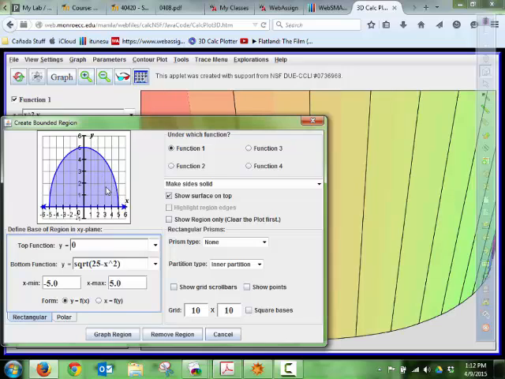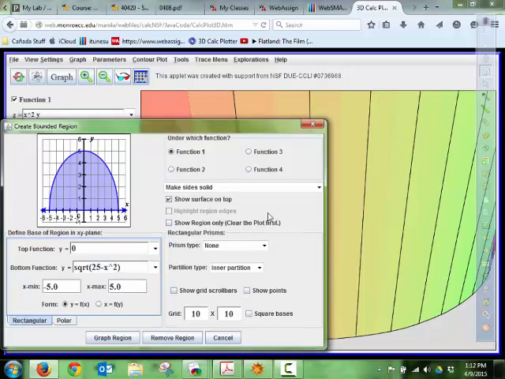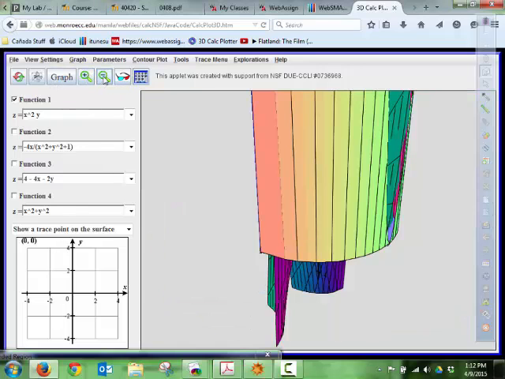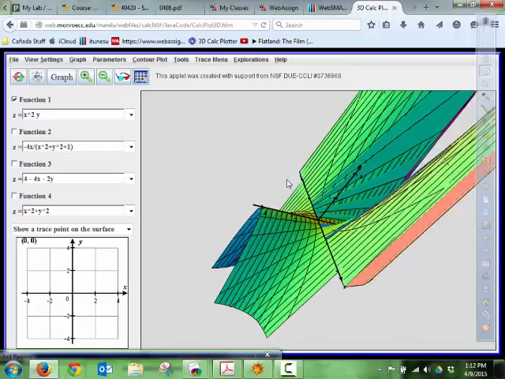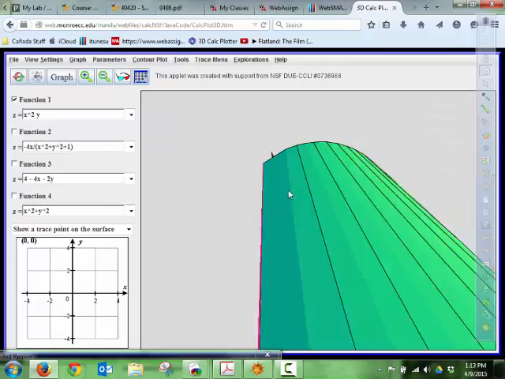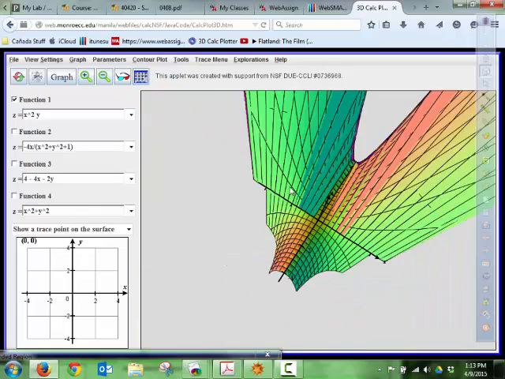So we see this, and then, boy, your graph kind of got weird already, huh? Zoom out. I guess it's hard to see. Kind of like that same picture.